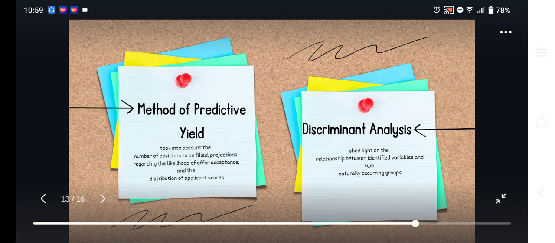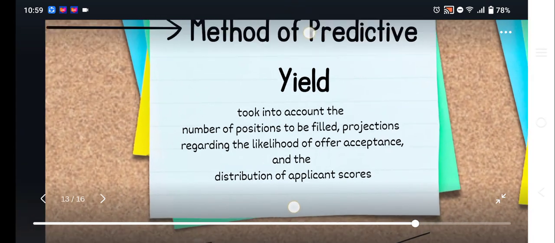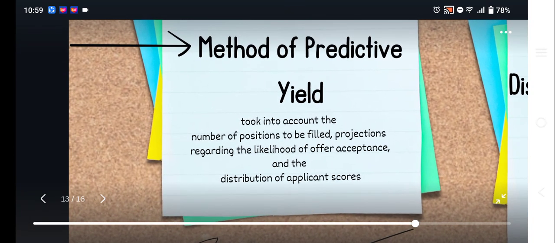So, ayun. We have other methods. Okay? Unahin natin siguro ito. Method of predictive yield. Okay?